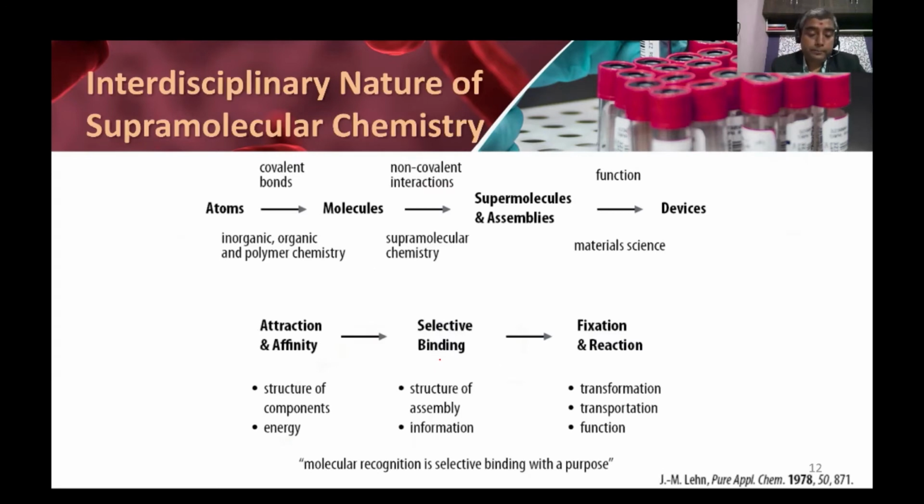Supramolecular chemistry is connected with various basic branches of science, or we can specifically say various basic branches of chemistry. So atoms combine by covalent bond and form molecules, and these molecules may be inorganic, organic, and polymer. When these molecules interact with non-covalent interactions, they generate supramolecules and supramolecular assemblies.